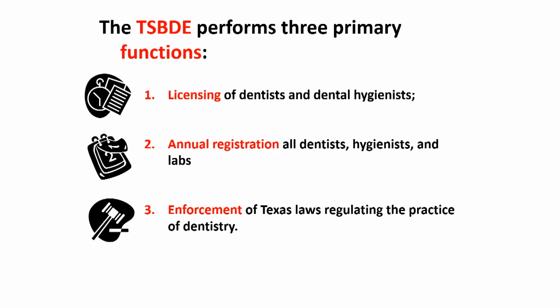The Texas State Board of Dental Examiners performs 3 primary functions. Number 1, licensing of dentists and dental hygienists. Number 2, annual registration of all dentists, hygienists, and labs. And number 3, enforcement of Texas laws regulating the practice of dentistry.